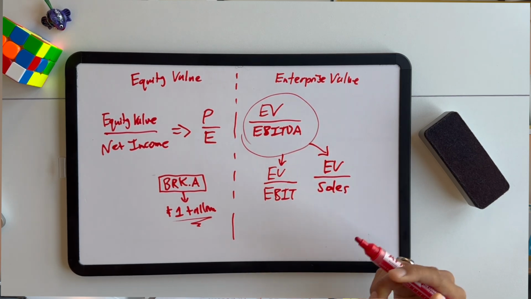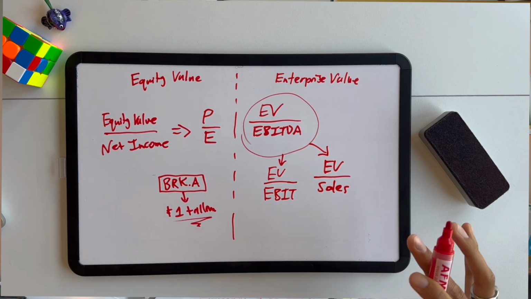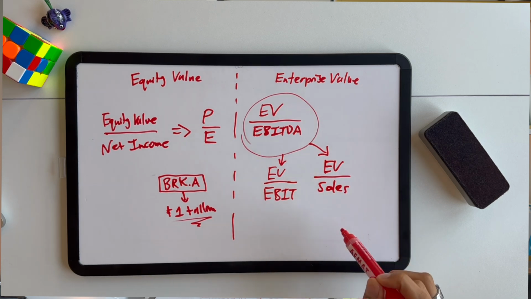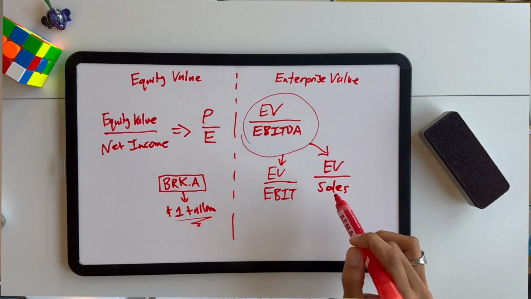Maybe it's a very young business growing really fast, and you want to find some way to value it. Well, you can look at EV to sales, because the business has got to have sales, right? So these are just a couple of variations on the whole enterprise value to EBITDA ratio. But those are the main ratios that I would consider learning first as an investment banker, because they're going to tell you a lot about the business, and it's going to help a lot with spreading comps and precedent valuation moving forward.